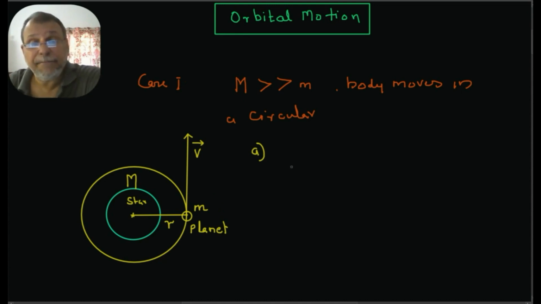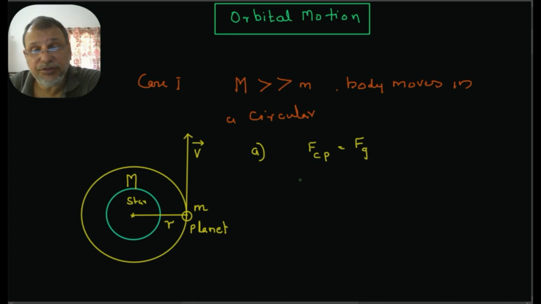For that, let us consider the idea for the planet to move around the star. The centripetal force is provided by the gravitational force between the star and the planet. So we may write F_CP is equal to F_G. F_CP stands for the centripetal force and F_G stands for the gravitational force.